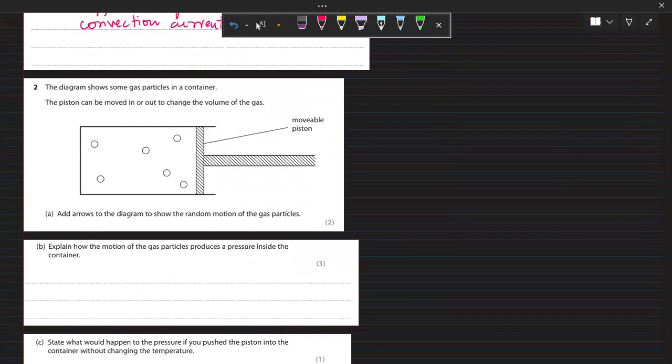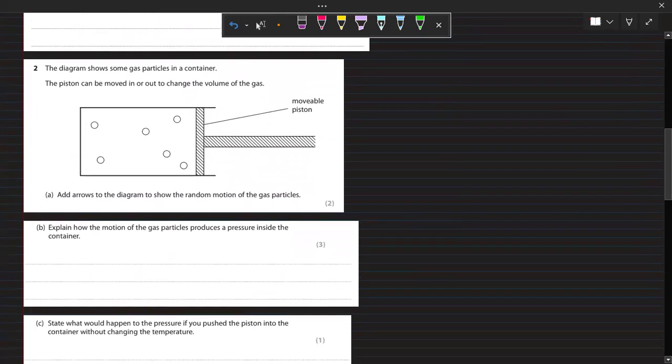The piston can be moved in or out to change the volume of a gas. Now add arrows to the diagram to show the random motion of the gas particles. Since they have already mentioned the random motion of gas particles, make sure that we draw the arrows, right, to show the random motion of the gas particles, right?